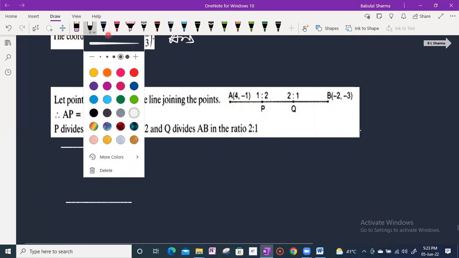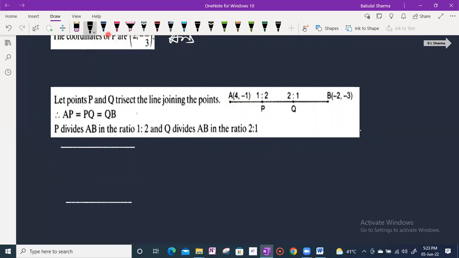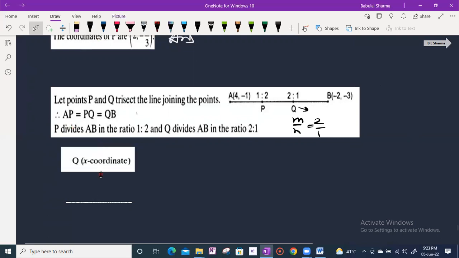So for point Q, m:n is 2:1. For point Q, the x coordinate will be found using the section formula again.